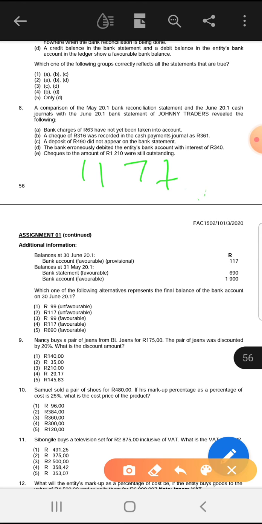Okay guys, we'll add this difference, like for payment, which the check was recorded as 361.